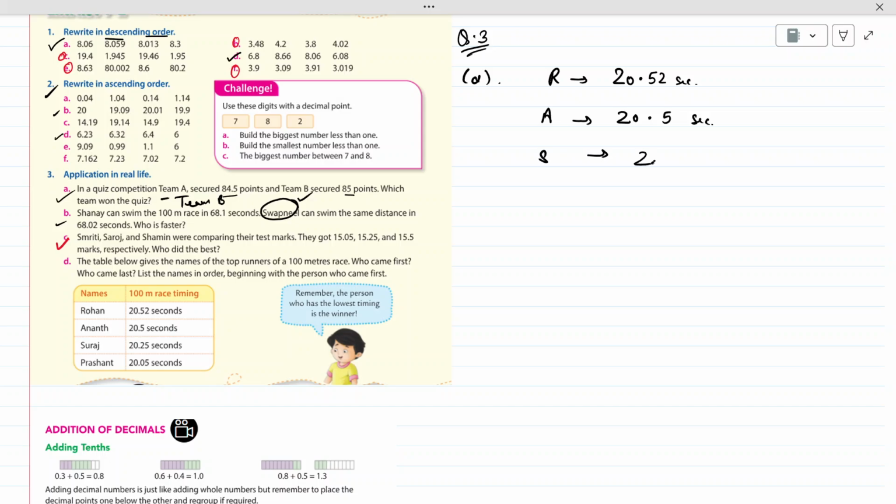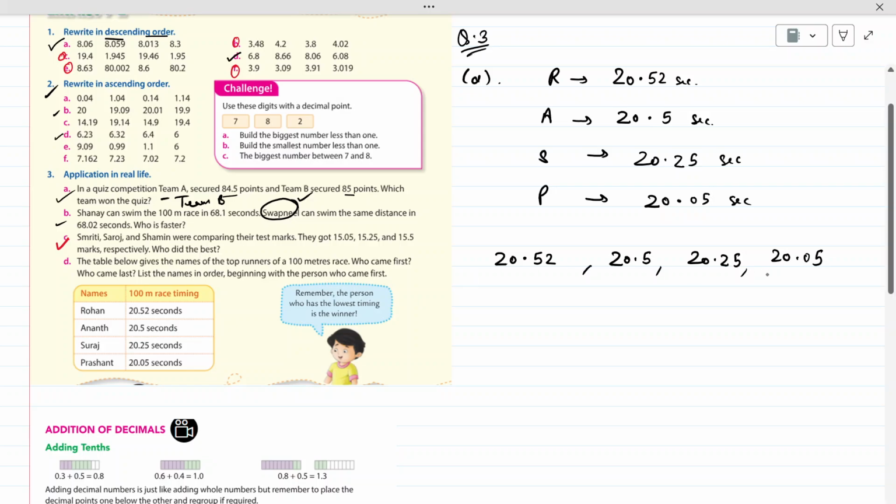Suraj has 20.25-second timings and Prashant has 20.05 seconds timing. So what we have to do, we have to compare. Okay, so I'm writing the numbers here: 20.52, 20.5, 20.25 and 20.05. So when we compare all these numbers, their whole part is same.